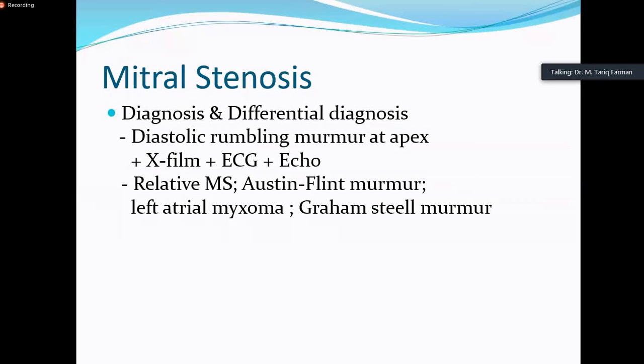Then you should know that there are other diseases that can present like mitral stenosis, and they may have a diastolic murmur. But in our setting, the most common thing is mitral stenosis. Mitral stenosis is very common among valvular heart diseases. So if you have a diastolic murmur over the apex, you must investigate the patient for mitral stenosis.